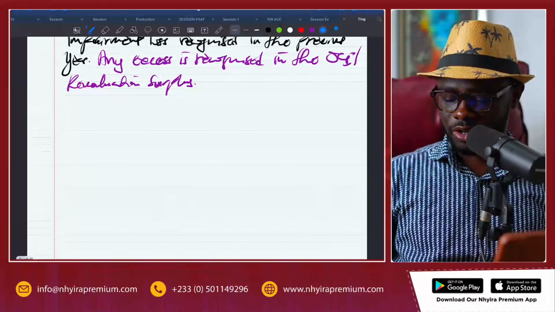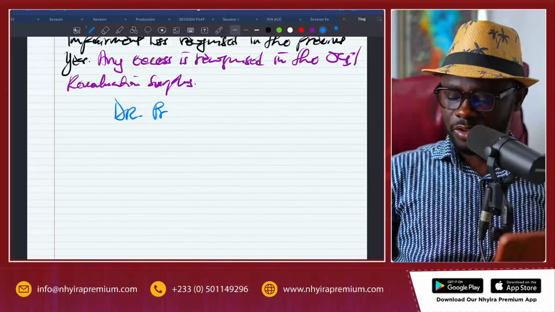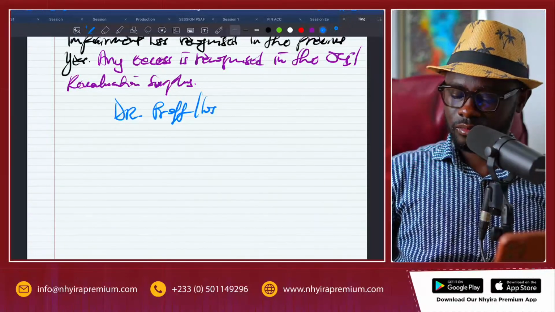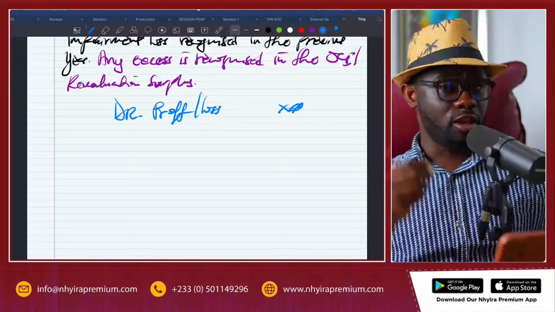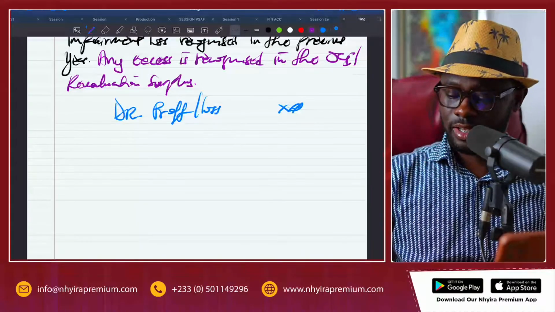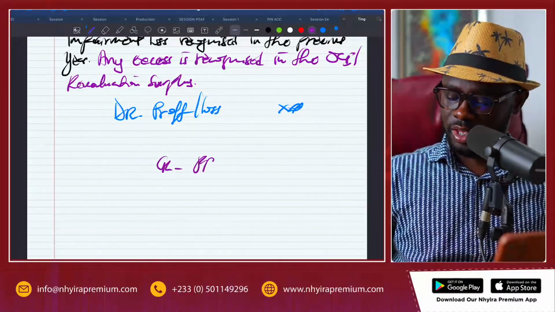Pretty simple journal entry. You debit PPE, because it's a revaluation gain. Then you credit profit or loss up to the previous year impairment that we recognized.